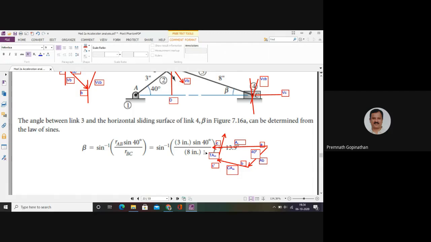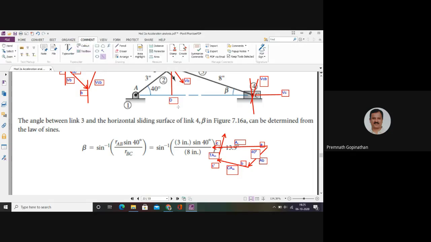And now the angle between the vector AB and the centripetal acceleration of C with respect to B, that is between the vector small ab and BC dash, the corner angle at that point we can calculate with respect to the perpendicular, it will be 50 degrees.